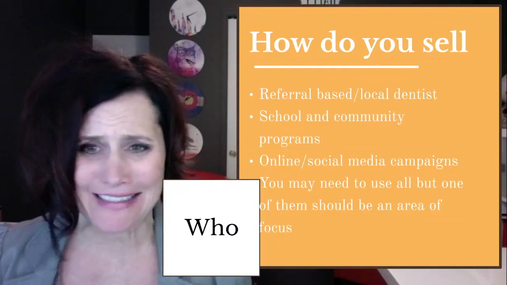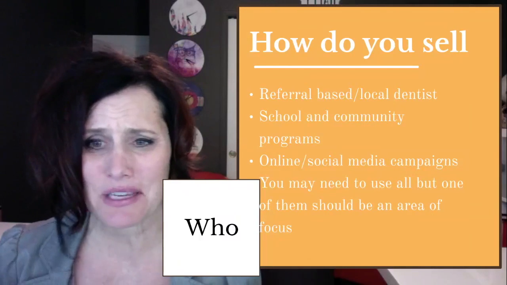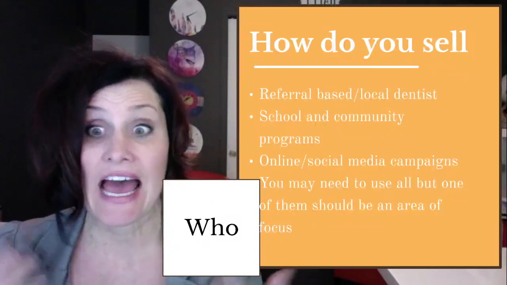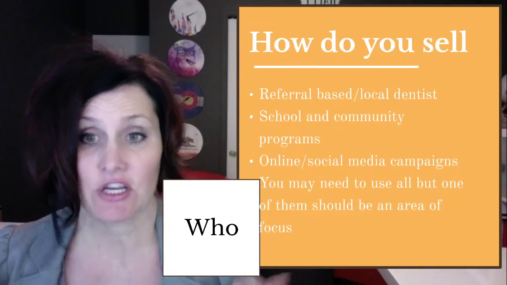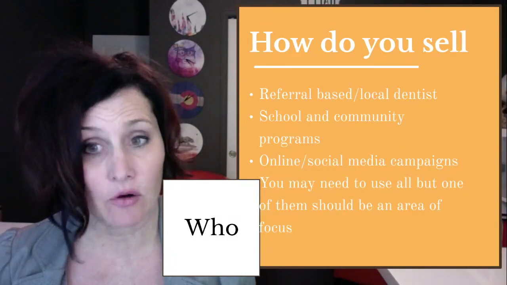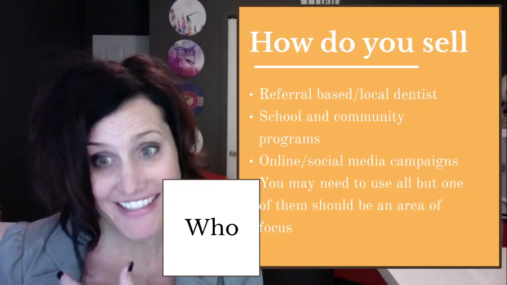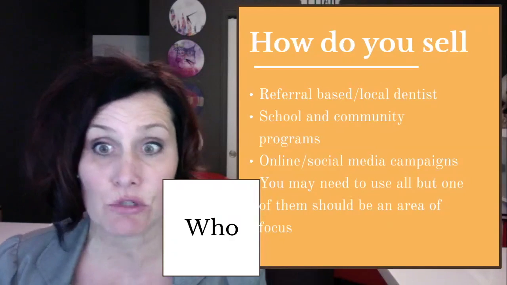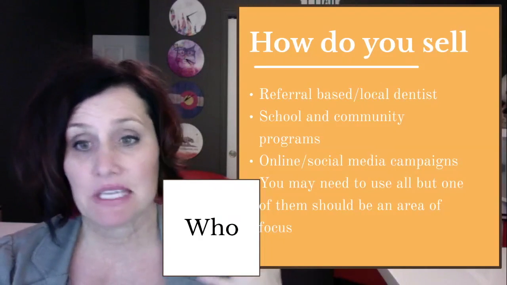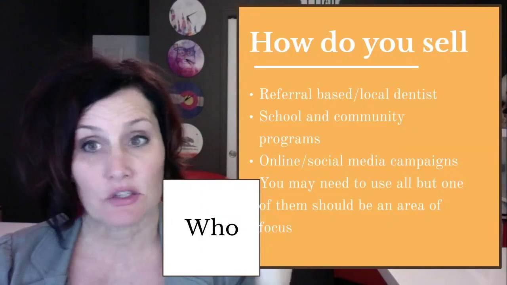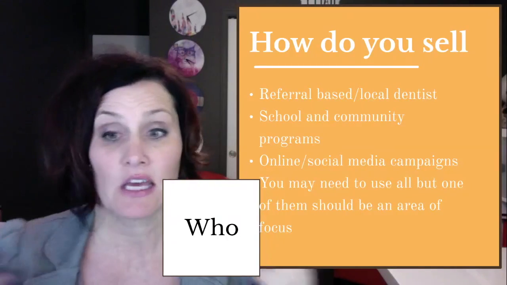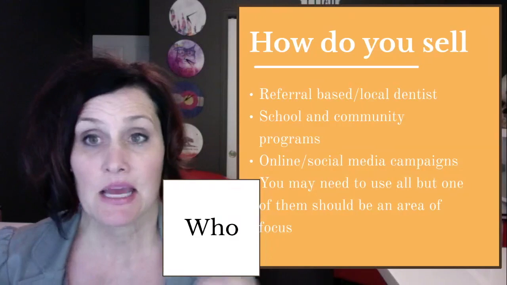The next thing is, how do you sell it? I know that again sounds a little bit strange, but think about who you want to get this message out to and how you want to get this message out. So when we think about the how that goes along with the what, maybe it is through your marketing plan. Maybe it's through the social pillars that you're going to set up to speak on in your marketing campaigns.